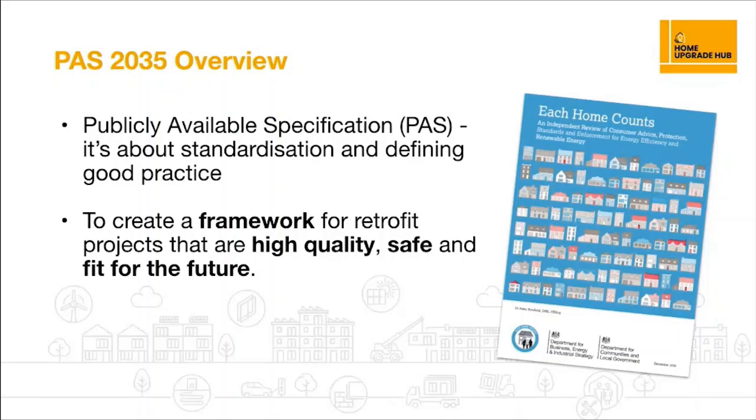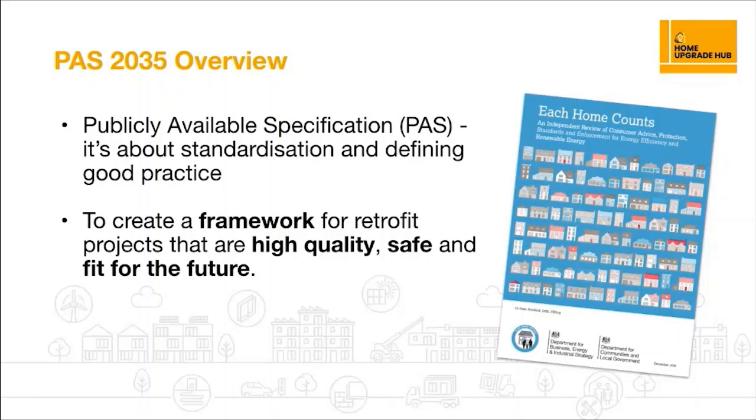In this case, it was developed to standardise the way that retrofit projects get approached and also delivered. So the purpose is to create a framework for retrofit that is high quality, safe, fit for the future.